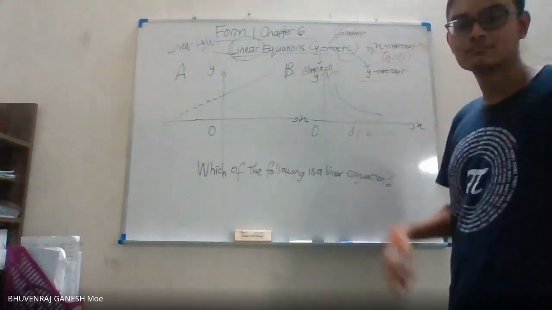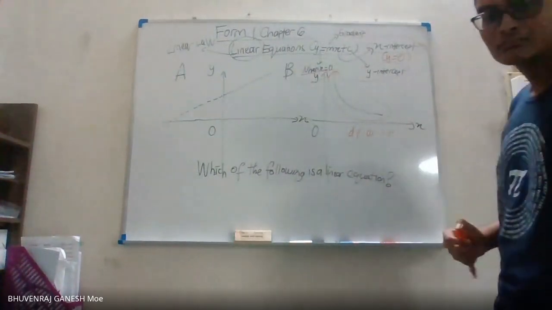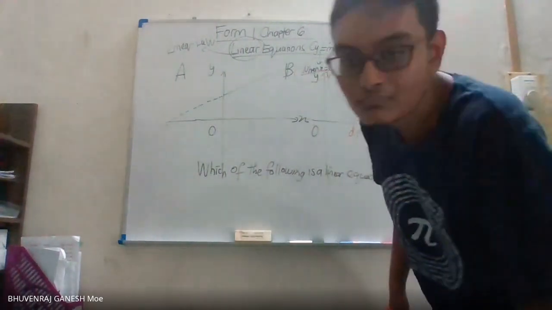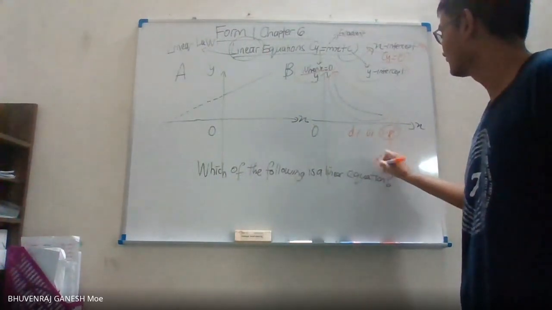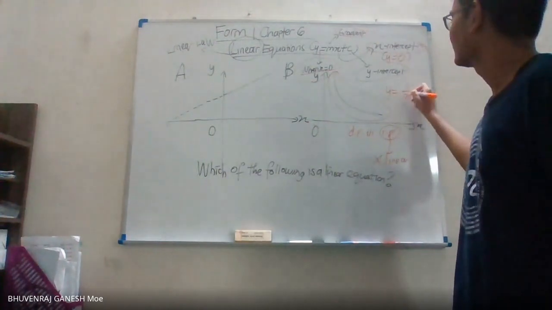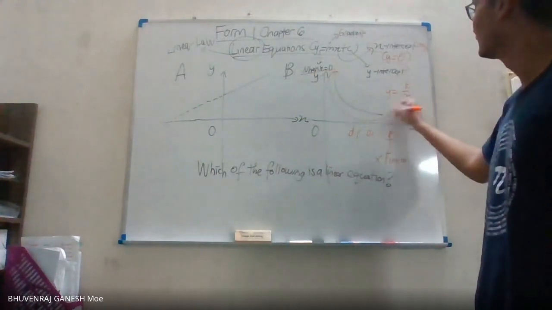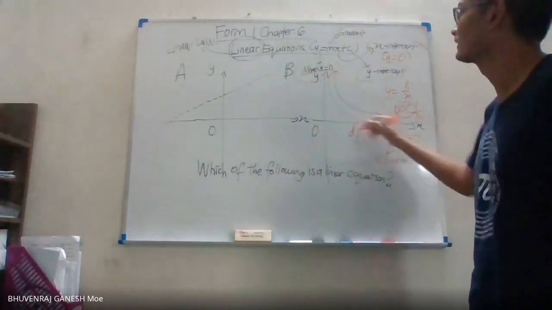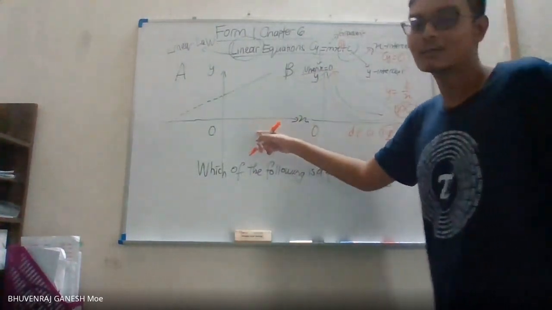If I draw like this, in a curved way, it is inversely proportional, so usually we won't call it a linear equation. It won't be linear, because this one is actually y equals k over x, if you had a constant. In physics, we write y inversely proportional to x, so actually the x here is power -1. But for linear, the x is power 1. So this should be the answer.